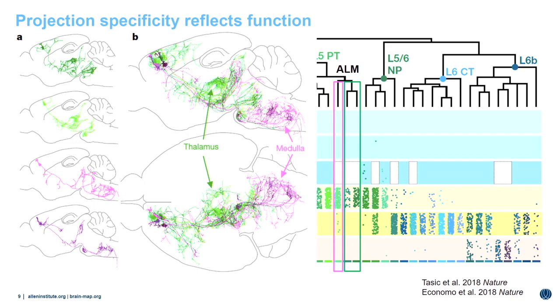The thalamus-projecting ones, as this publication has shown, are involved in motor planning, while the other two are involved in motor execution.